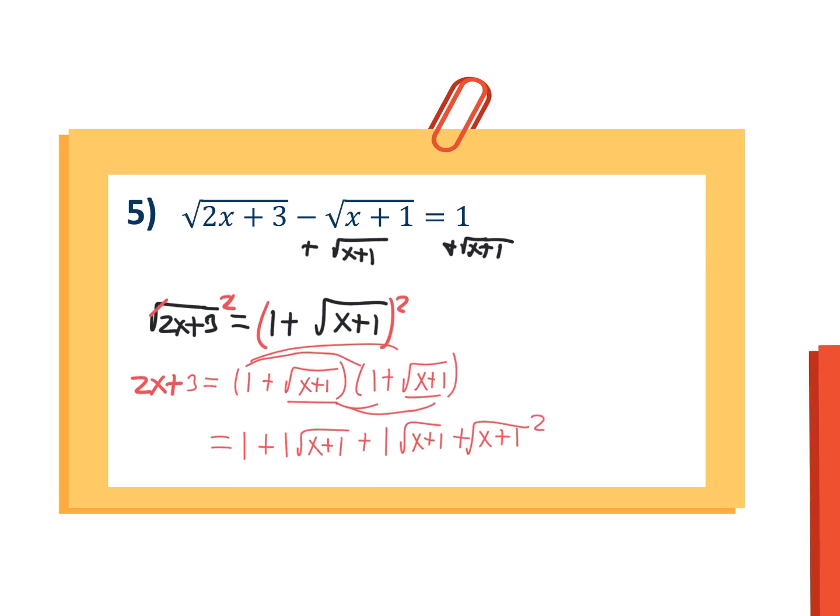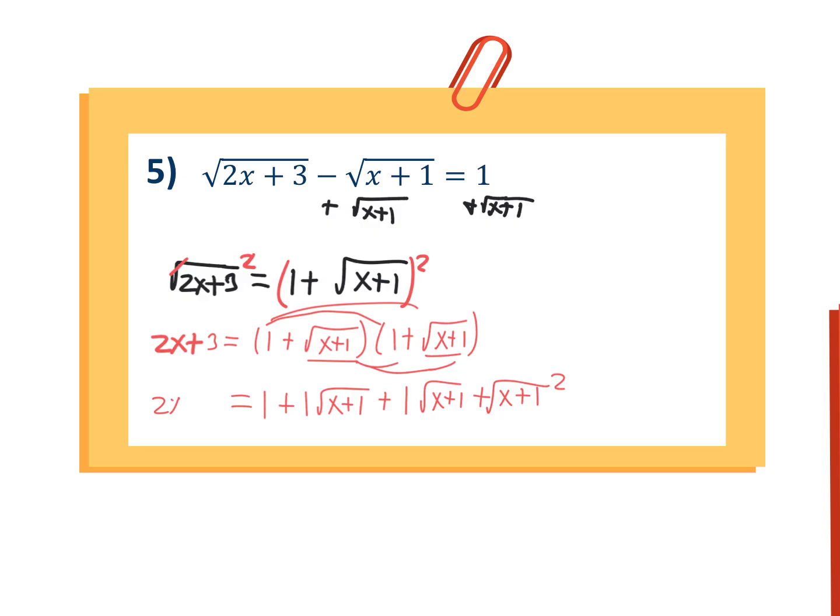I have the same thing twice, I'm squaring it. And then I still have 2x plus 3 on the other side. That didn't change at all. And then I can combine like terms. Looking at these two things right here, the square root of x plus 1 is our like term in this case. So if I have two of these being added together, that's just going to turn into 2 square root of x plus 1s.